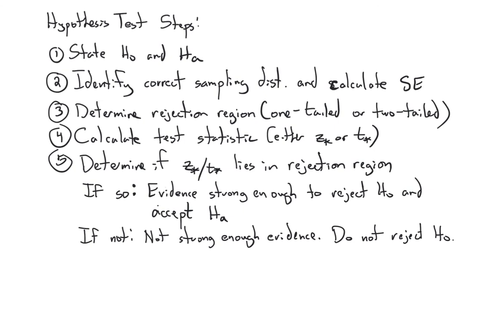And let's be clear, we are assuming that the null hypothesis is true, just like in a trial, you assume that the defendant is innocent until proven guilty. So we figure out what the correct sampling distribution is. And at this point, you might as well calculate the standard error as well. You'll need that for a step in the future.